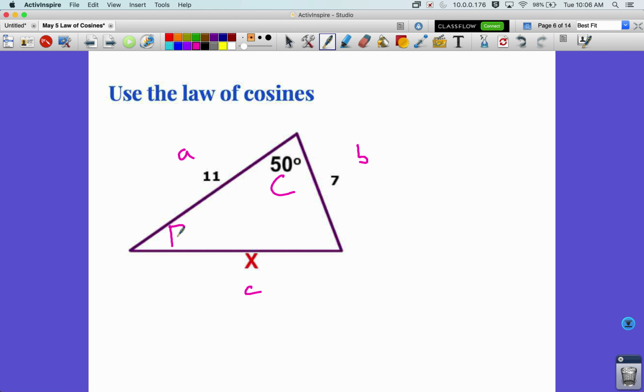This will be angle big B, and this will be angle big A. Now we pick the formula that has big C in it, and that is c squared equals a squared plus b squared minus 2ab cosine big C. Now we've got to fill in what we've got.